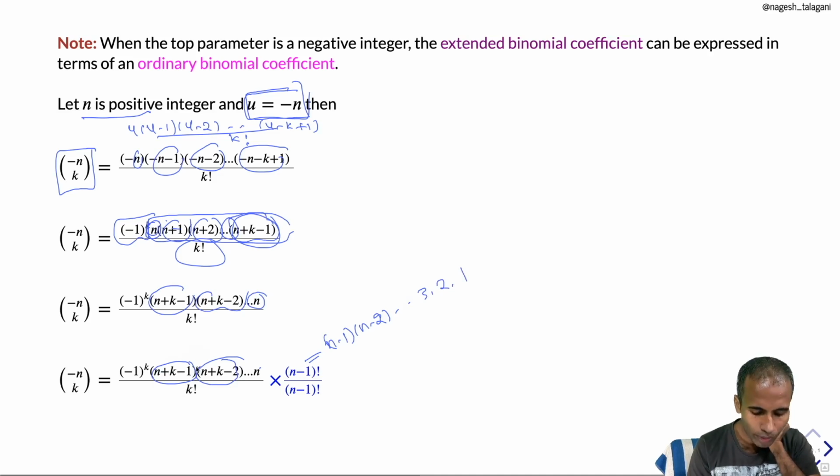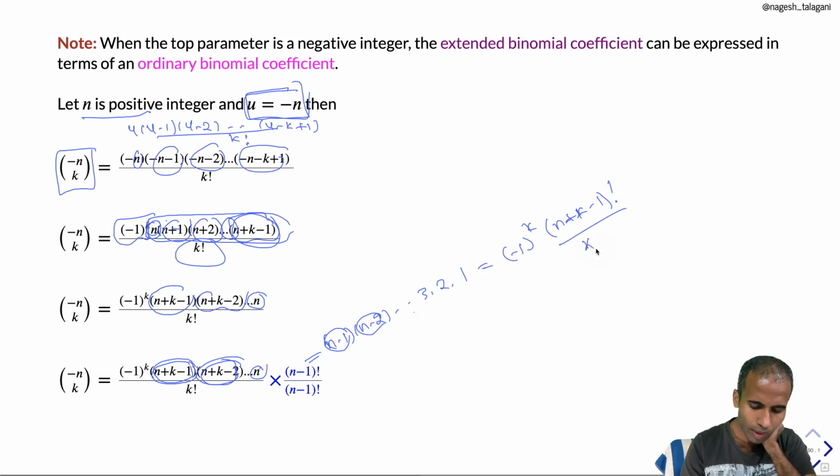If you look at the numerator, n plus k minus 1 into n plus k minus 2, and so on up to n into n minus 1, n minus 2, and so on, 3 into 2 into 1. So this is going to be minus 1 to the power of k, n plus k minus 1 factorial, by the denominator we have k factorial and we have n minus 1 factorial.